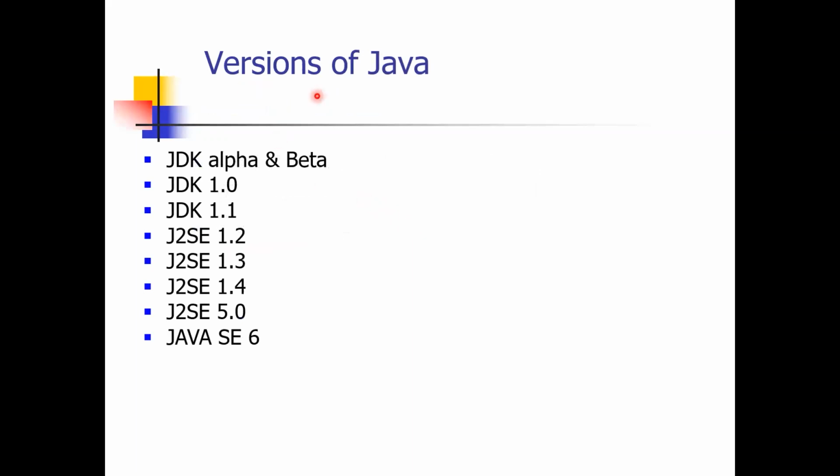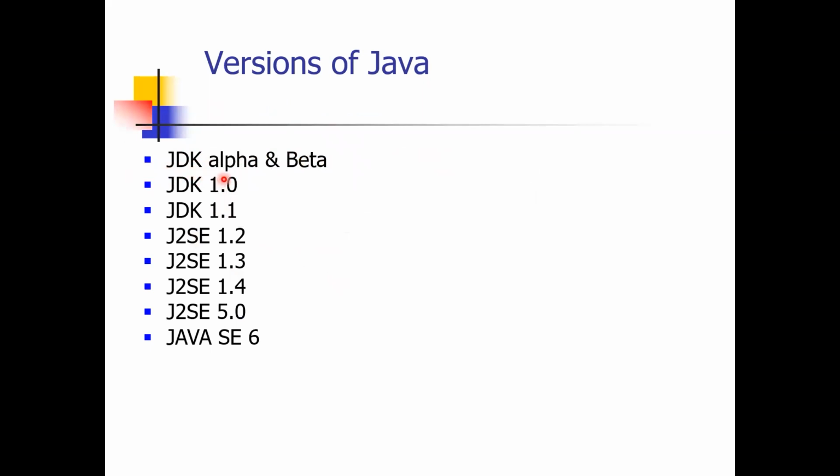Next is versions of Java. According to advancements, versions change. Initially it was alpha and beta, then 1.0, 1.1. When you want to install Java, you have to install the JDK, the full Java Development Kit.